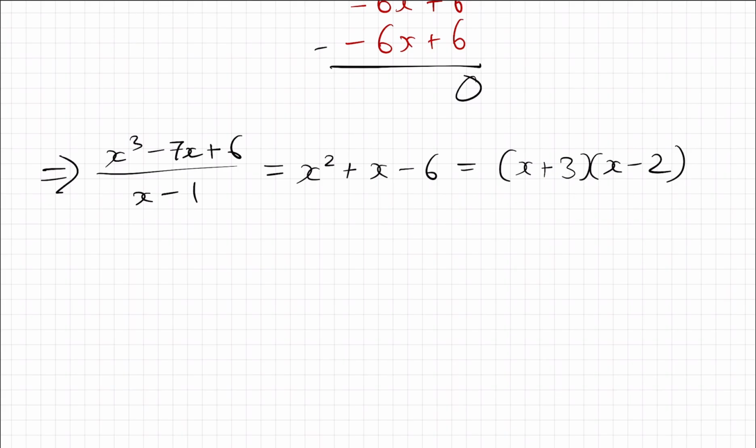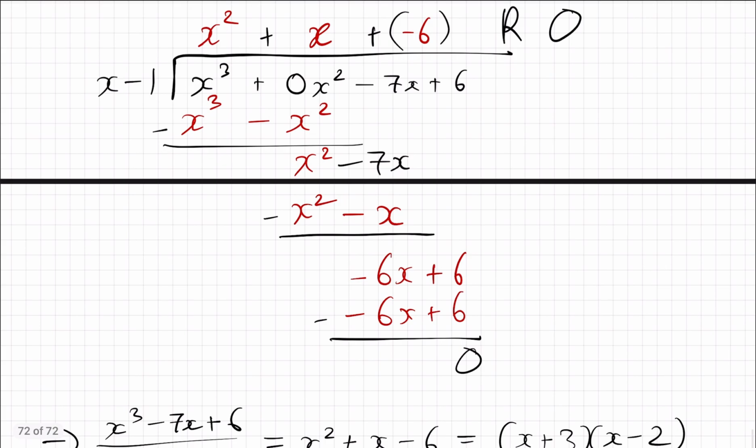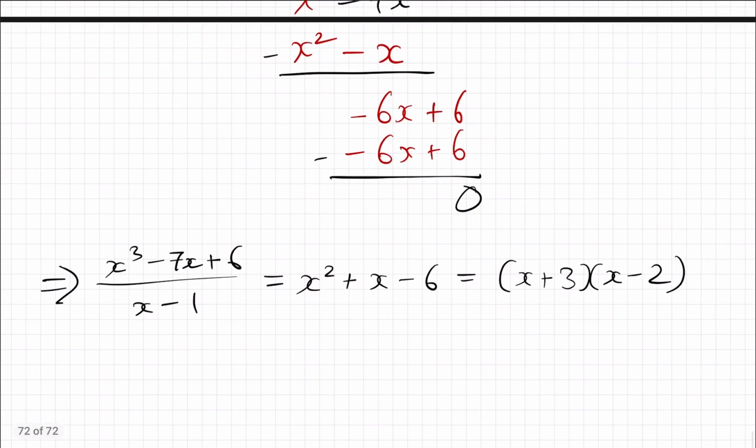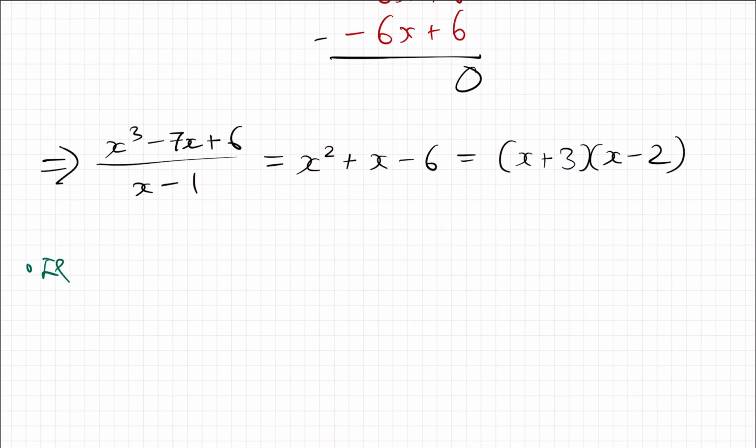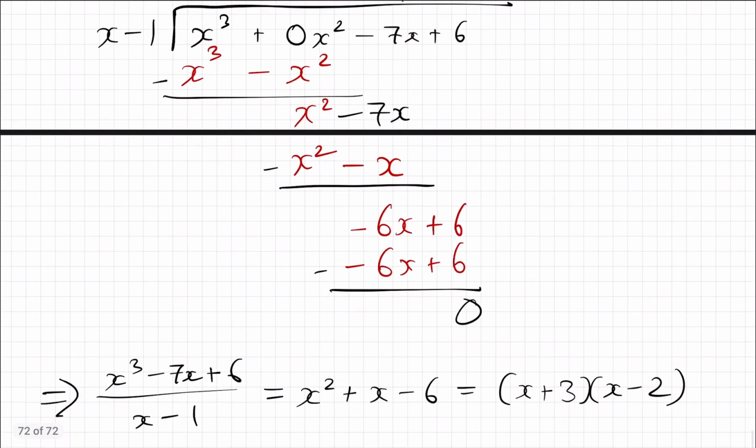And I'll just do a brief explanation of this remainder term. So if r is not equal to 0, then let's just do this as an example, even if this was wrong.